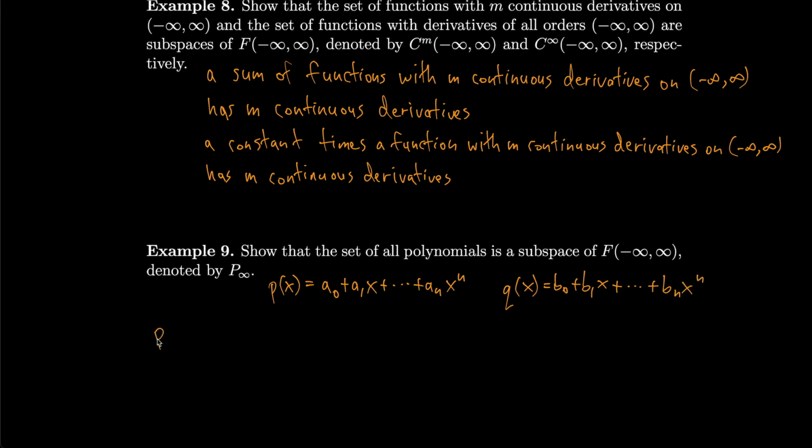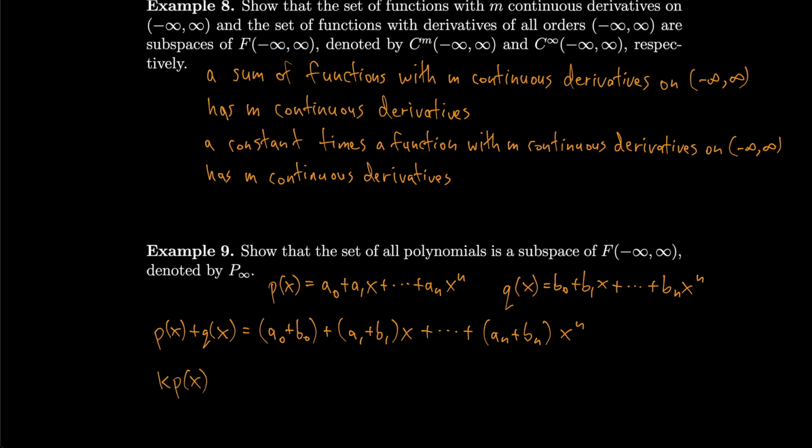Let's add these two. We get p(x) plus q(x) is equal to (a0 plus b0) plus (a1 plus b1) times x, and so on, till you get to (an plus bn) times xn. So that's definitely a polynomial still.